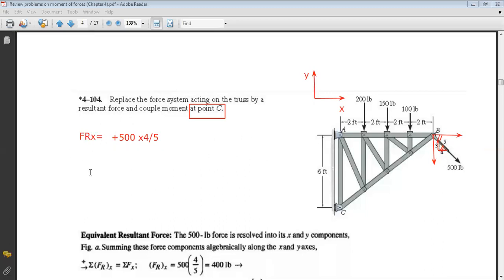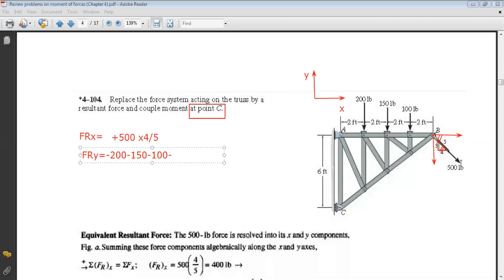Now, along y, if I want to calculate F_Ry, I will do the summation of forces along y. So here I have several components. I have first minus 200, minus 150, minus 100, and finally the component of the force at B along y. So as you can see, the y component also is negative for this force.